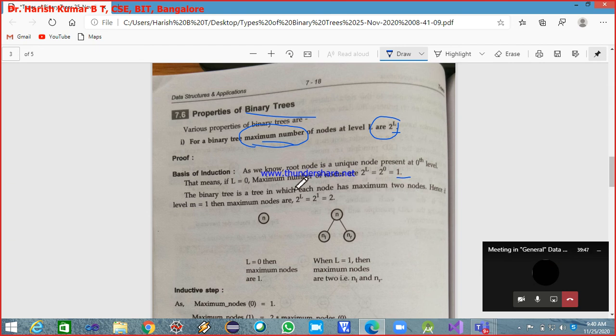Similarly, at level 1, a binary tree at level 1, 2 raised to 1. This is level 0 with a maximum of 1 node, and level 1 has a maximum of 2 nodes, that is N1 and NR.